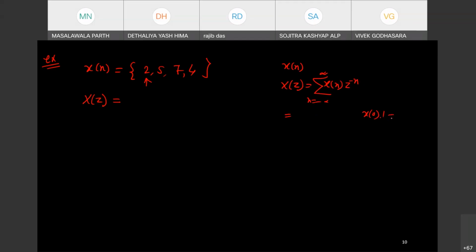Then x of 1 multiplied by z to the power minus 1, then x of 2 multiplied by z to the power minus 2. Like that on the right side. And on the left side, it is x of minus 1 multiplied by z, x of minus 2 multiplied by z squared. Is it correct?